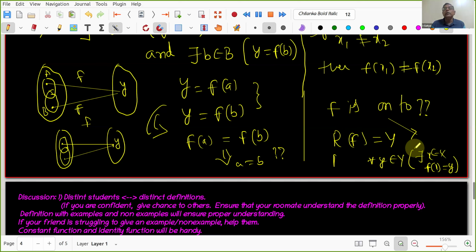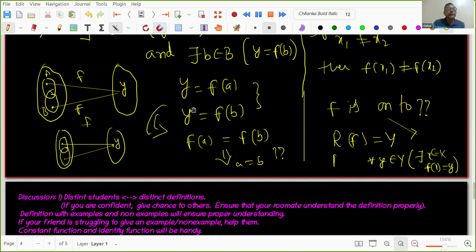Two participants raised their hands, and I will discuss with Harshita. But I request you to go through the 1-1 definition carefully. Before your discussion, I'll give some hints. First, discuss all the definitions. Here I have written something, please go through it.